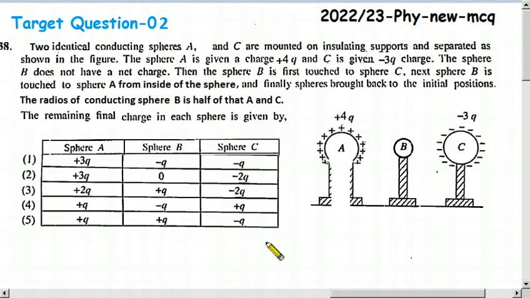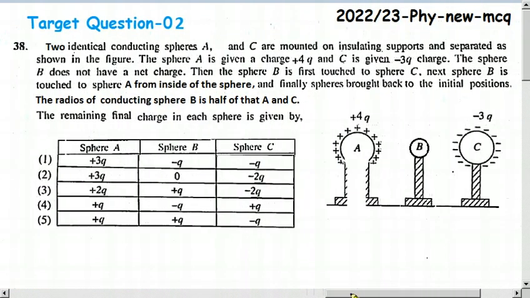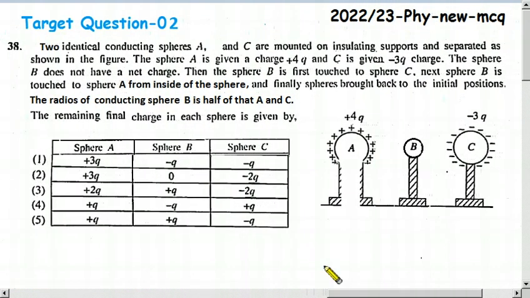Children, try this one, the target question number 2. I changed the question, not a little bit, considerably. So now you can try it without looking at my answer, honestly. Pause the video and start.